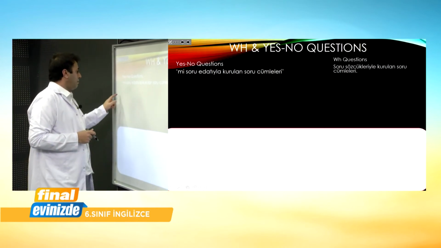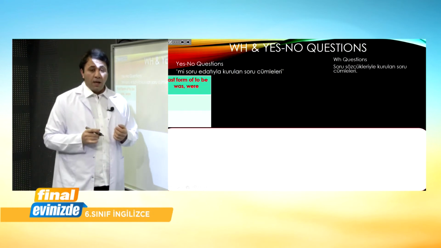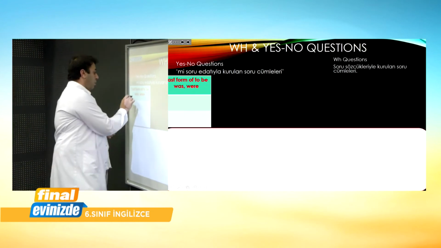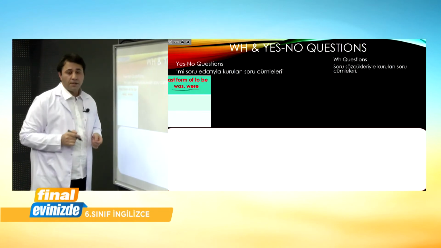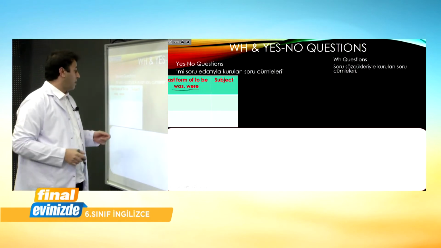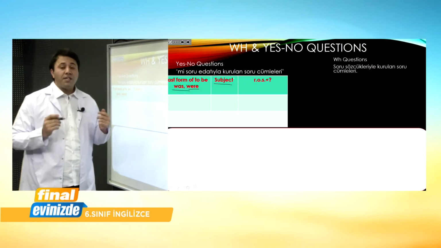If you want to build a yes no question, first you need to bring was over. All right? Okay, then you need to bring subject. And then you need to bring the rest of the sentence.